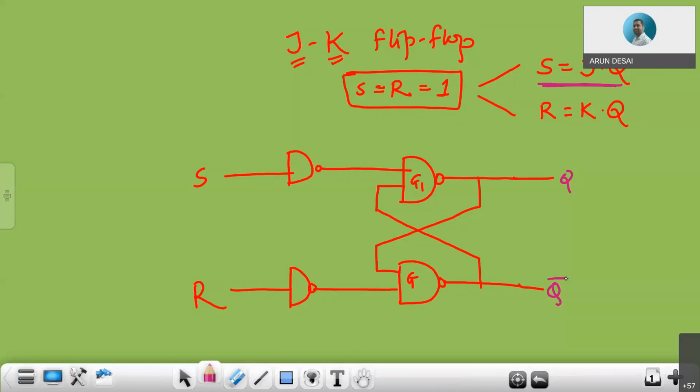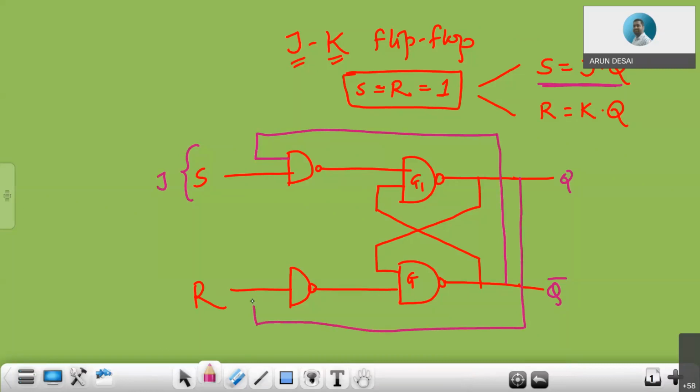So S is converted like this: Q bar is passing as feedback to S, and this pole is called J, right? And this Q is attached here, and this pole is called K, right? So this is how they convert it. Feedback connections are used in this case and connected again to the input, right?